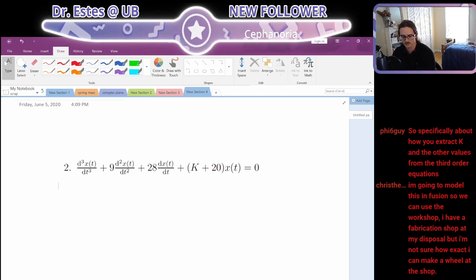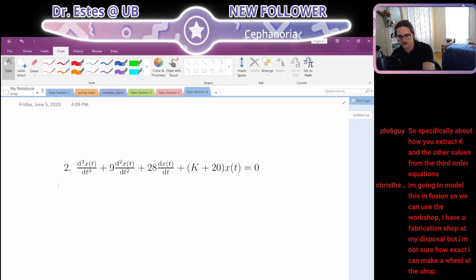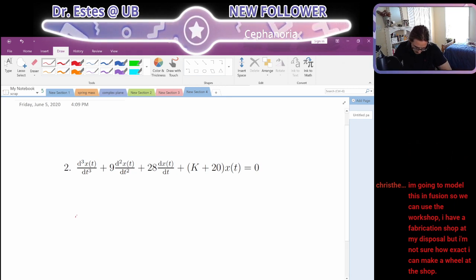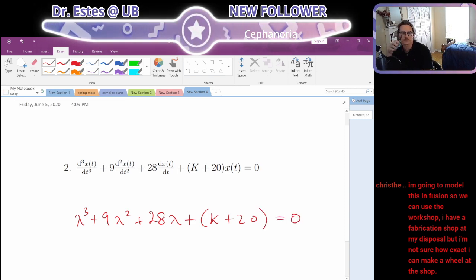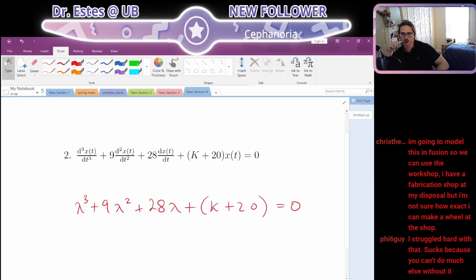How do you feel about getting the characteristic equation? Are you comfortable with that? This is the characteristic equation. I struggled hard with that. Sucks because you can't... Oh, too much.